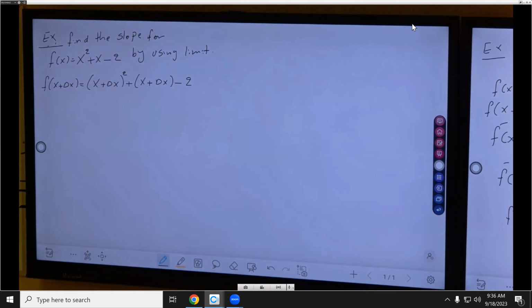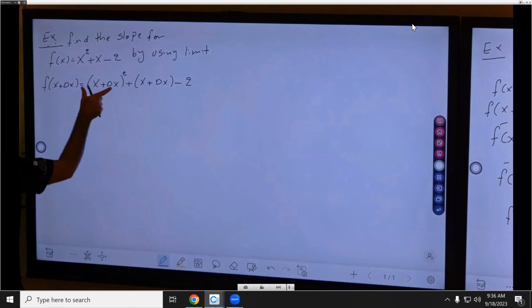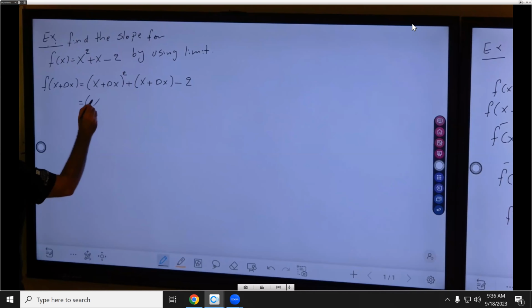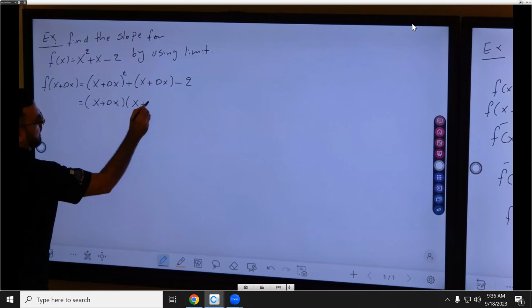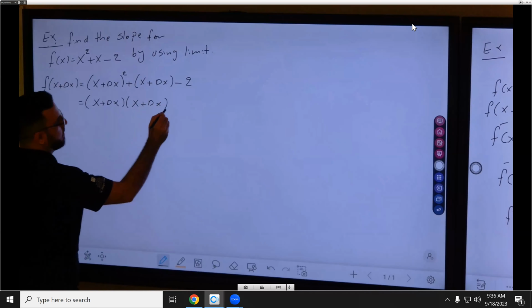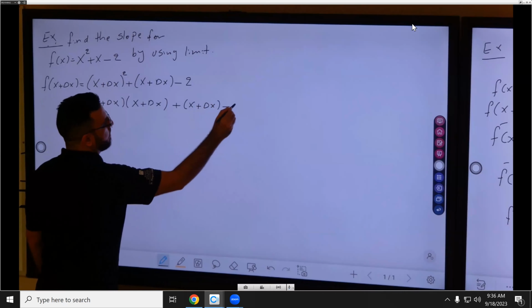Now, it's up to you. You want to simplify first, or you want to just go ahead and plug in? Both are going to be right. I have here two parentheses, which is x plus delta x times x plus delta x, plus x plus delta x minus 2.